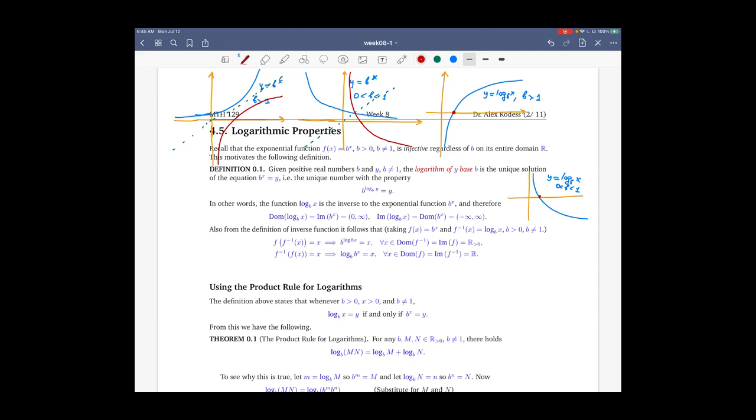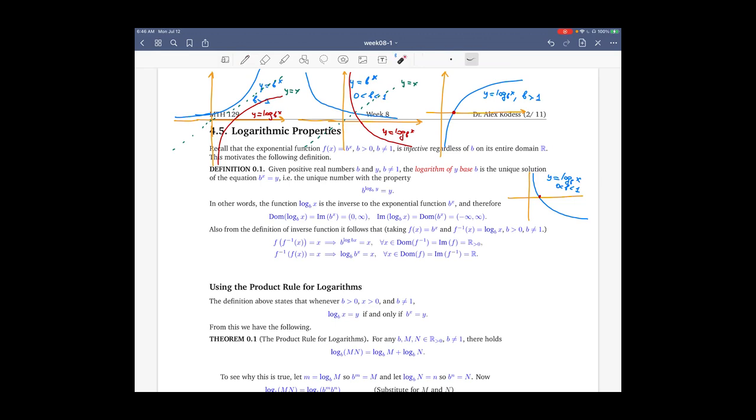The graph of b to the power x and the graph of log x base b are symmetric about the line y equals x. So that is what we talked about last week.